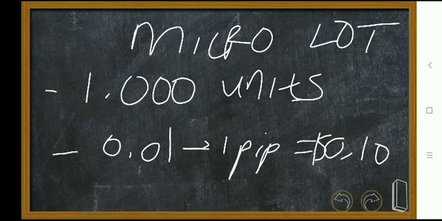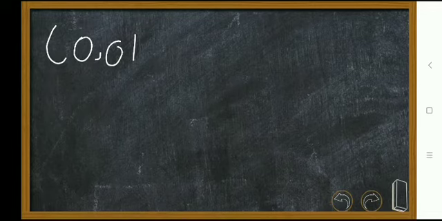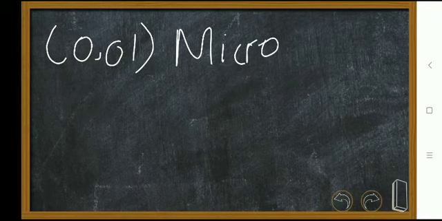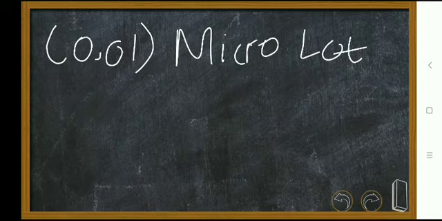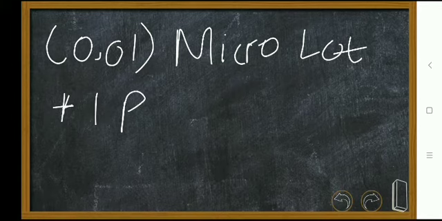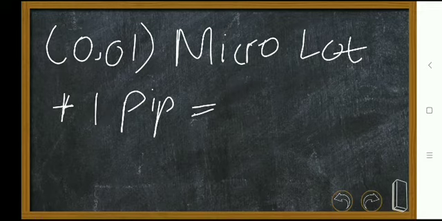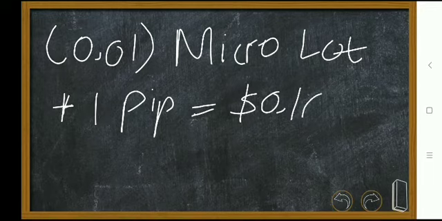So let's get into further examples. We see the volume is 0.01 for a micro lot. So this means that for a single pip movement, 1 pip will be equivalent to 10 cents or $0.10.